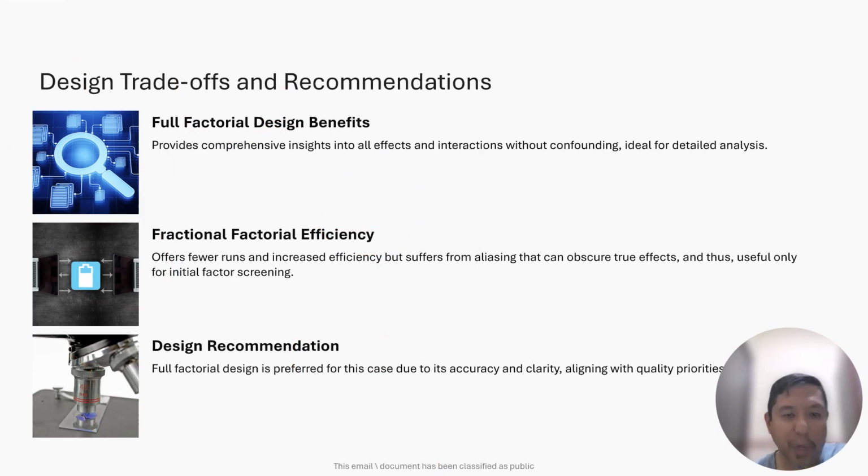There are also design trade-offs and recommendations between full and half factorial, because full factorial basically provides comprehensive insights into all effects and interactions without confounding, allowing detailed analysis, while fractional factorial, on the other hand, offers fewer runs and increased efficiency, but as a result, it suffers from aliasing that can obscure true effects, and that's only useful for initial factor screening.